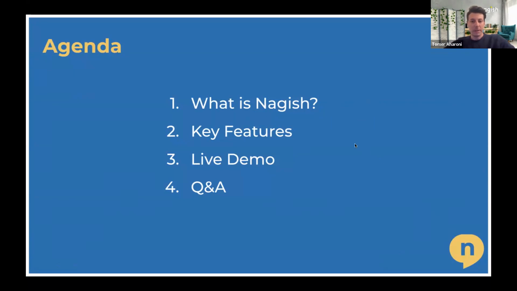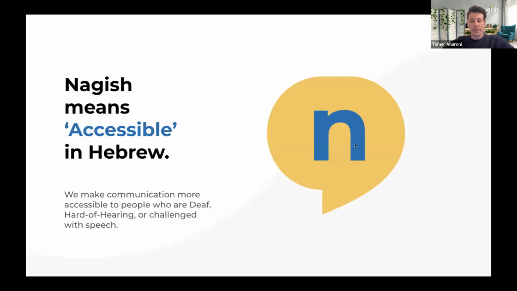So let's get started. What is Nagish? Nagish means accessible in Hebrew, and that's exactly what we're doing. We're making communication more accessible to people who are deaf, hard of hearing, or to people with speech impediments.